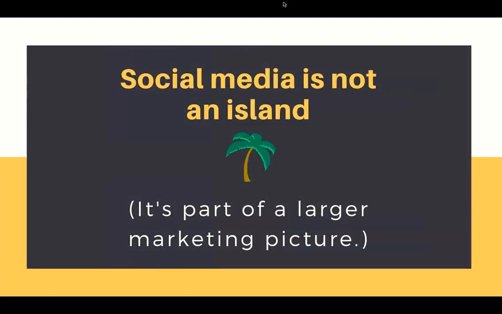The main theme, if you take away nothing today besides this, I hope you take away this: when we talk about measuring success on social media, it is not an island. It is not a silo. Social media is part of a larger marketing picture.